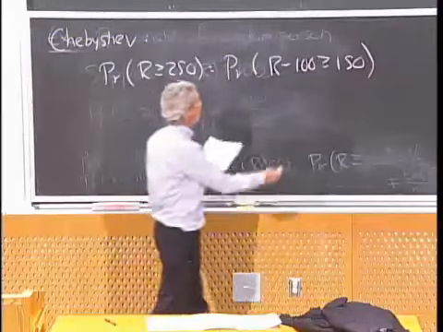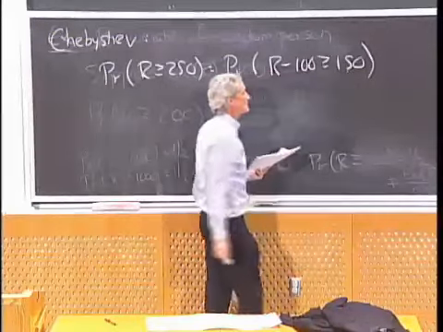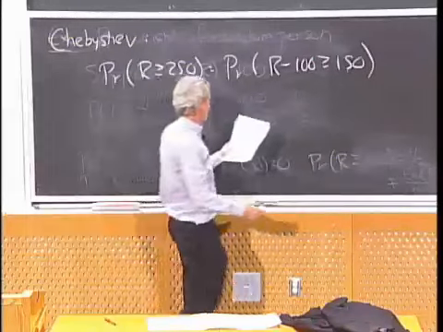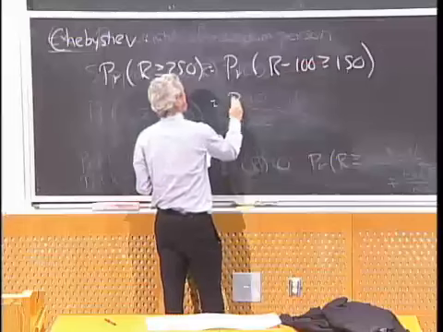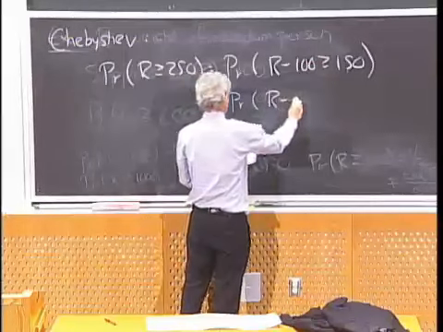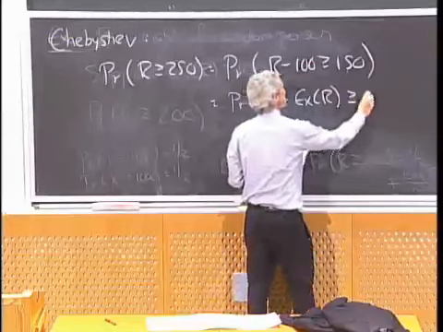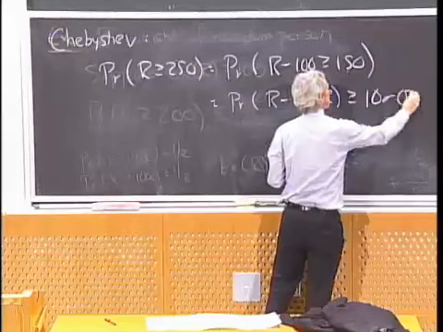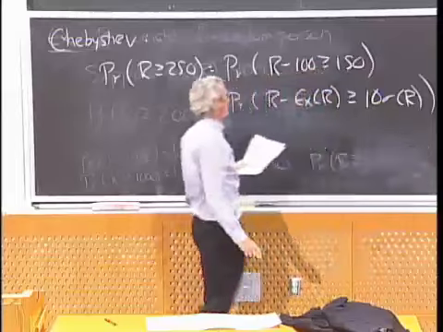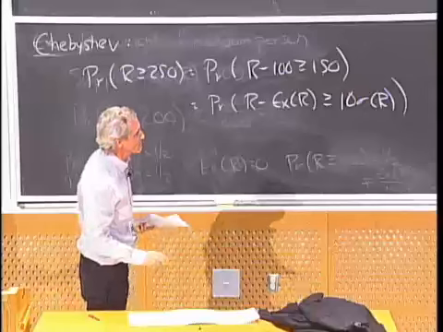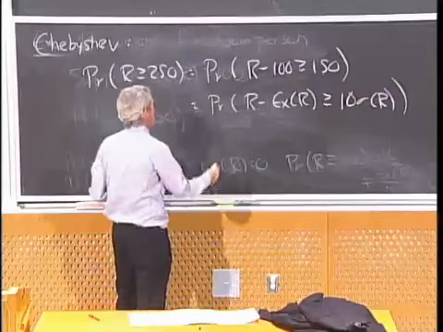And then 150, how many standard deviations is 150? 10. So this is the probability that R minus the expected value of R is at least 10 standard deviations. That's what I'm asking. I'm not quite there. I'm going to use the corollary, but I've got to get that absolute value in.